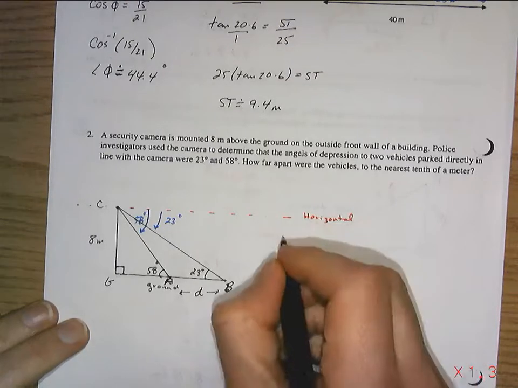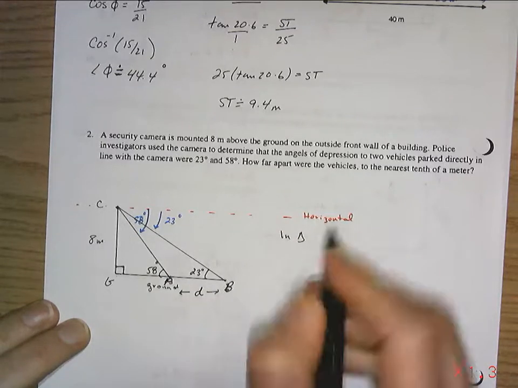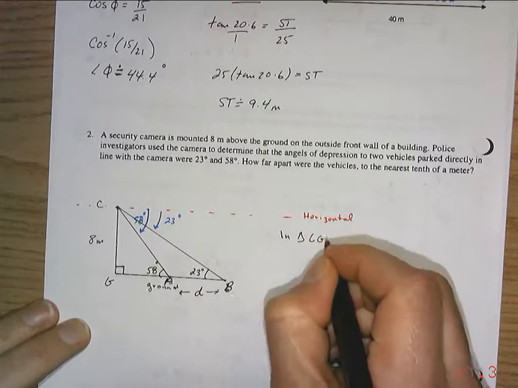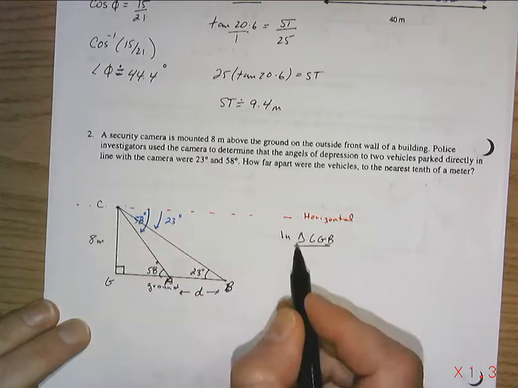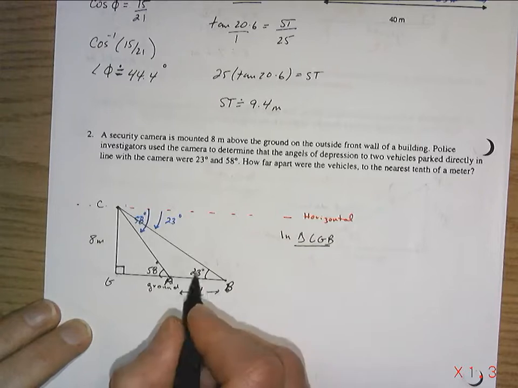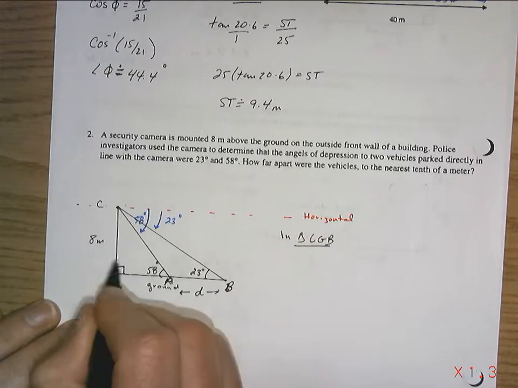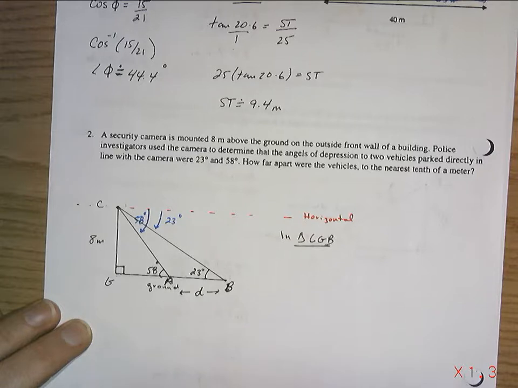So I'm going to start off in triangle CGB, the big triangle. And notice I'm telling you what I'm working in, and you need to do the same thing with your audience when you're doing a solution. So I'm going to say that opposite over adjacent, so that's going to be tangent.